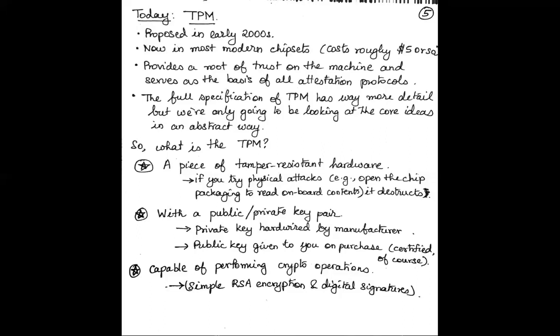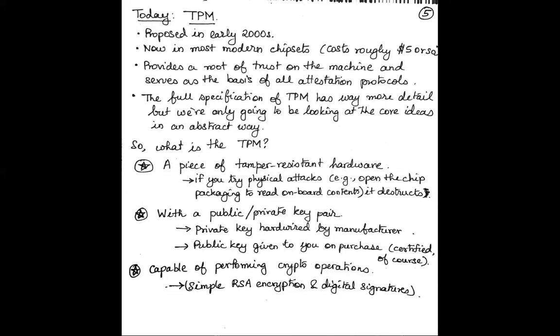So the TPM is a piece of tamper resistant hardware. Okay. And so what does that mean? Right? So by saying tamper resistant hardware, I mean that the TPM is built in such a way that if you try any physical attacks on it, so for example, if you try to read the contents of the registers on the TPM, it's a piece of hardware, it has got registers.